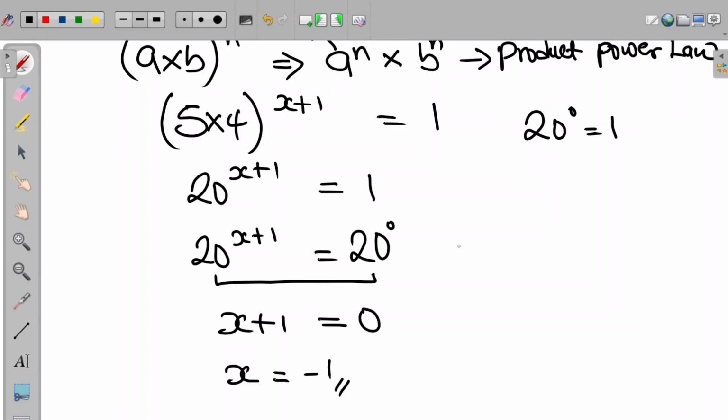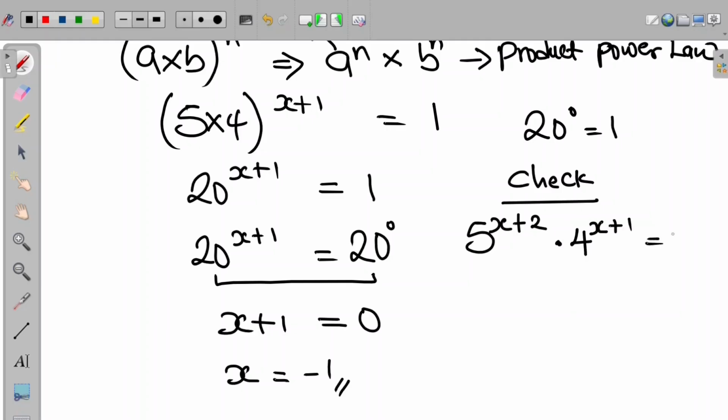Now, let's check if our value of x equal to negative 1 satisfies the equation. The equation given to us was 5 raised to the power of x plus 2 multiplied by 4 raised to the power of x plus 1 equal to 5.